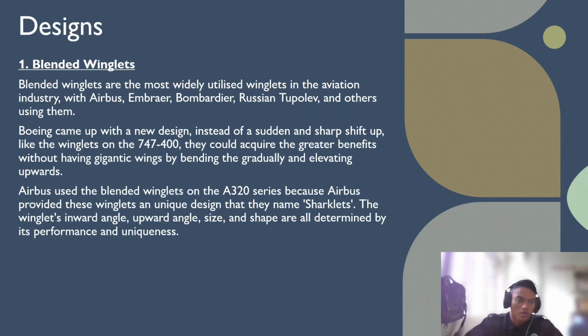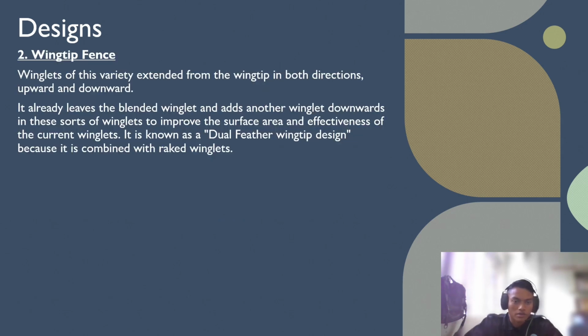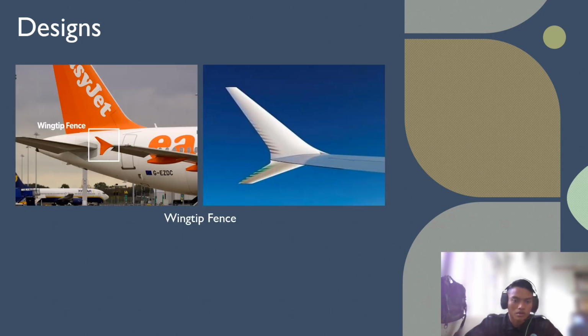Designs. Blended winglets. So we can see the figure of the blended winglet here. Second, wingtip fans. Winglets of this variety extend from the wingtip in both directions, outward and downward. So we can see outward and downward.